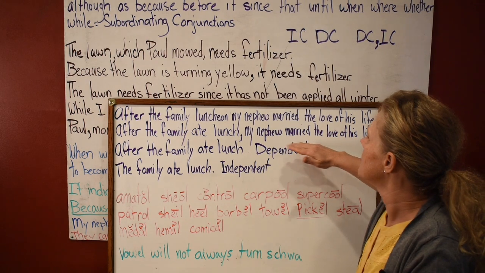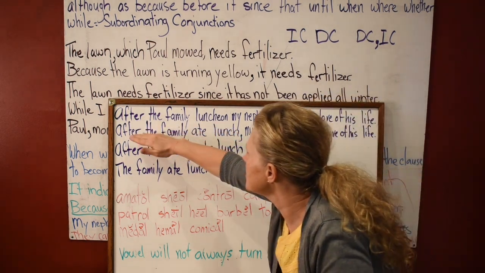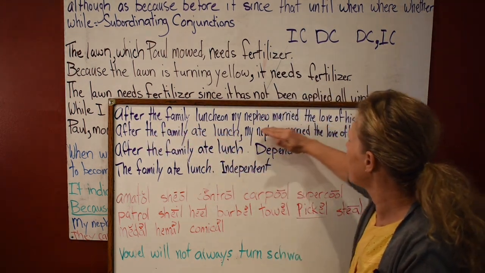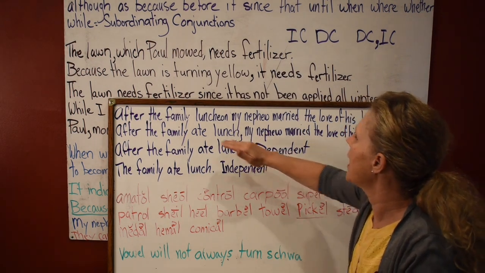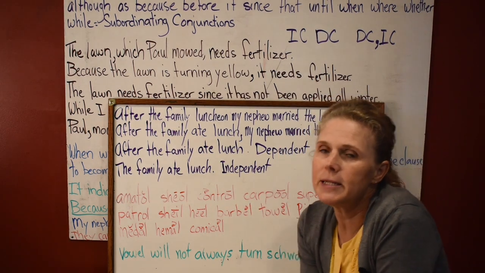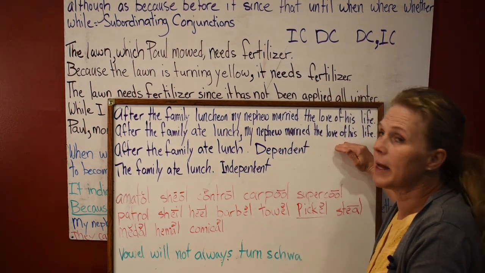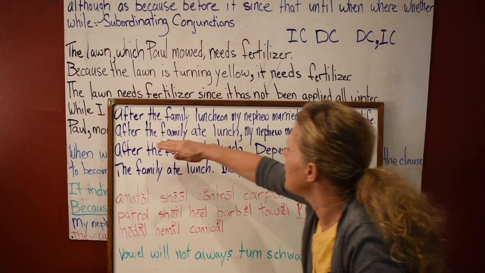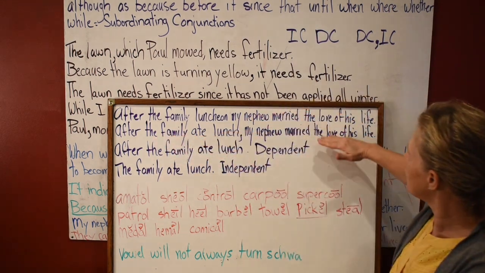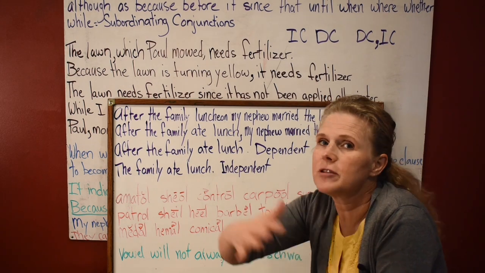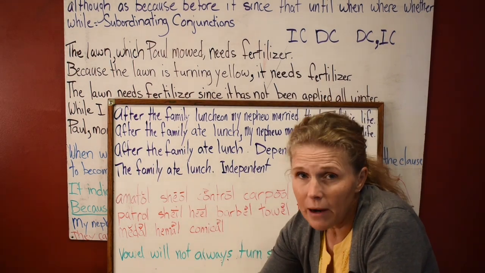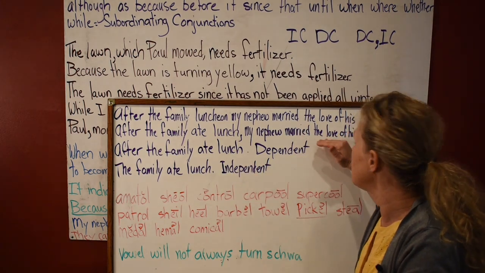Right here, this needs to have the independent clause to make sense. Your dependent clause has to live with your independent clause, just like your children have to live with the parents, the independent person.